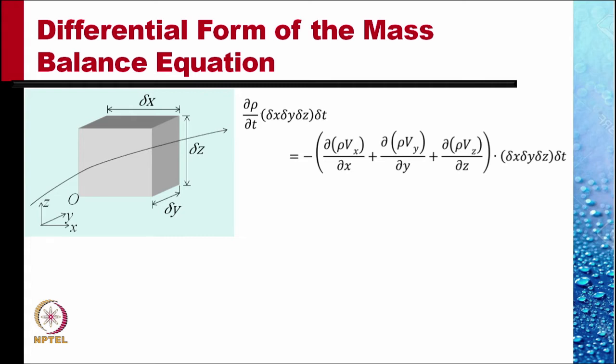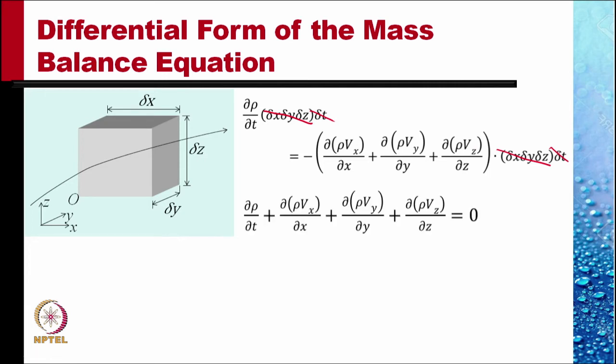The volume delta x, delta y, delta z cancels, delta t cancels, and the resulting equation is del rho by del t plus del by del x of rho Vx plus del by del y of rho Vy plus del by del z of rho Vz. This is equal to 0.